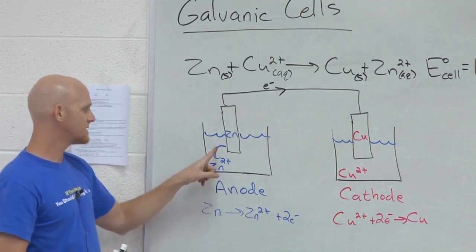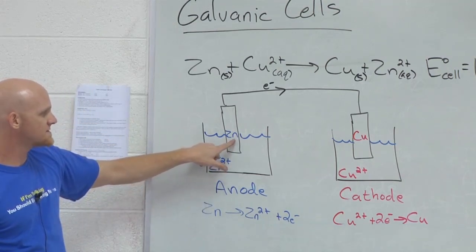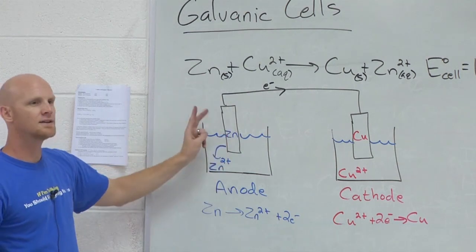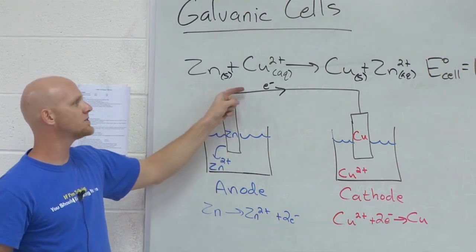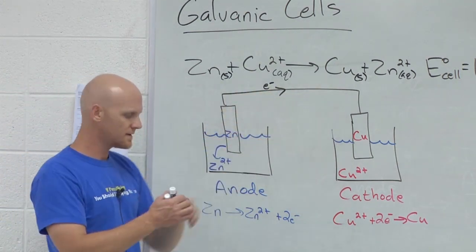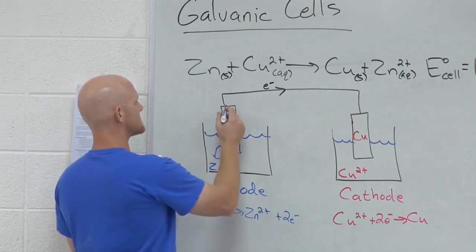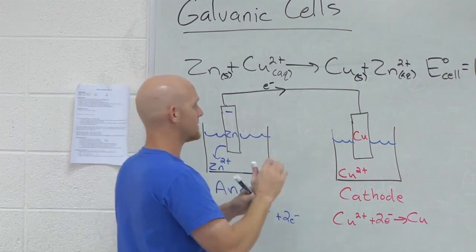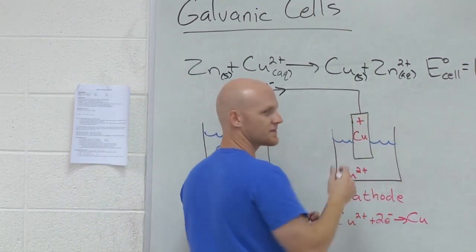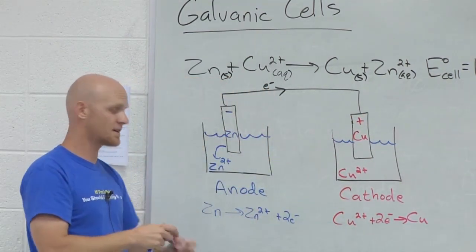When the zinc metal turns into zinc 2+, it loses 2 electrons, and those electrons are shuttled off through the wire. In this case, your anode is negative, your cathode is positive. So that's where the electrons want to go.